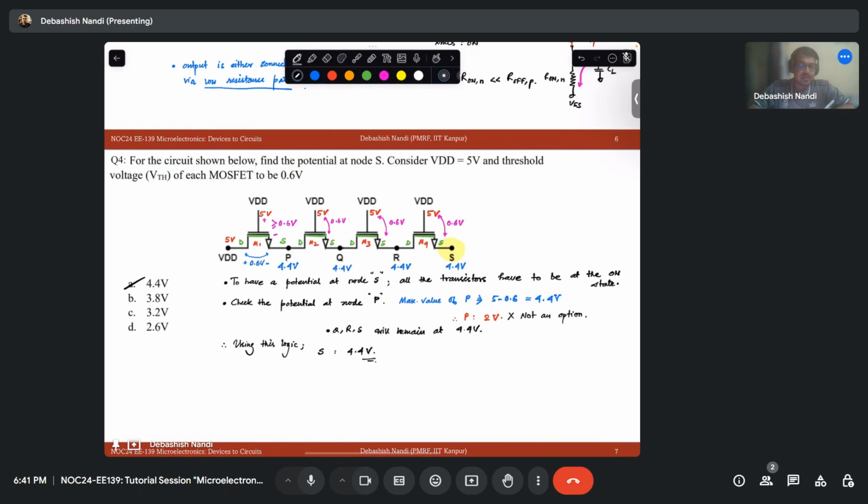So this is the series stack of transistors. You might have a question: in which kind of scenarios are these kinds of structures used? Let me give you an example.